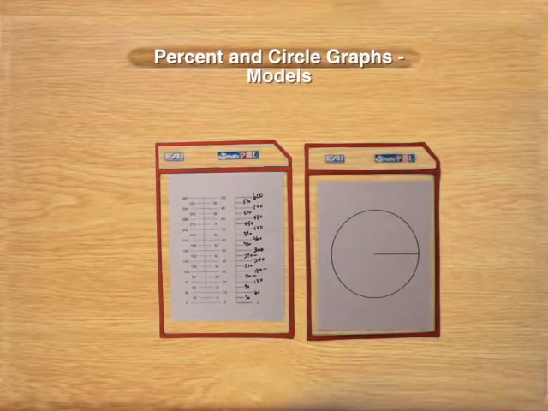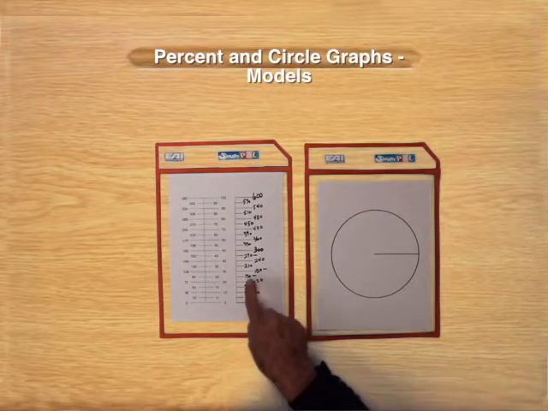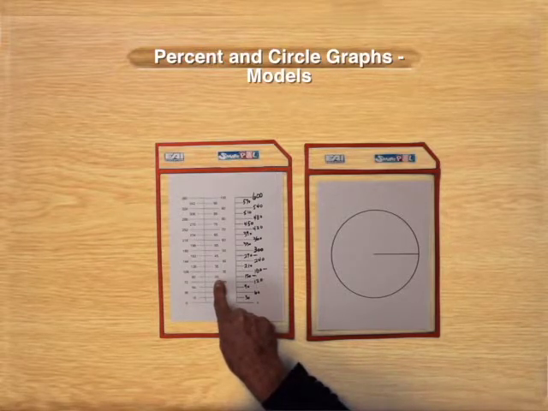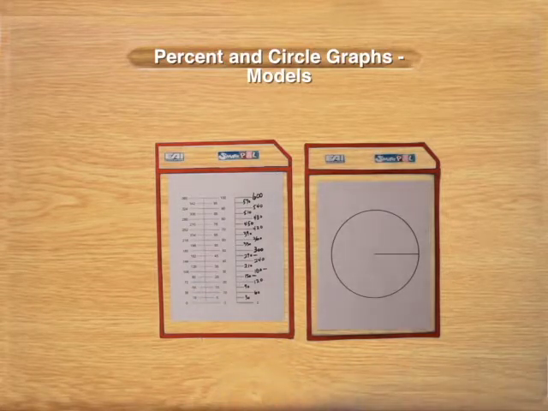So let's take the first one. The first person made $150 in profits. That represents 25%. But on a circle, 25% represents 90 degrees.